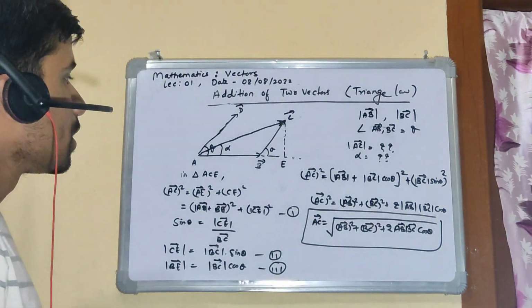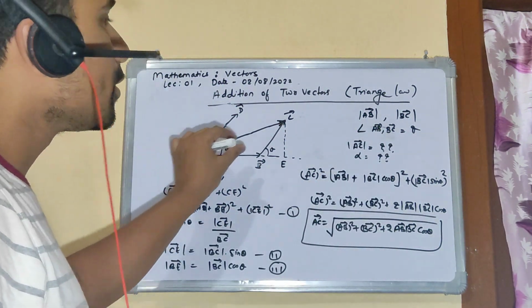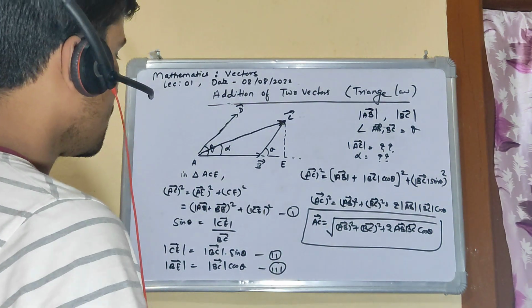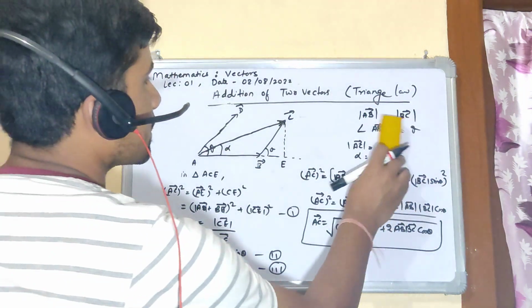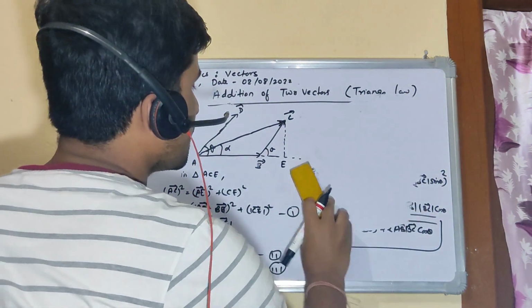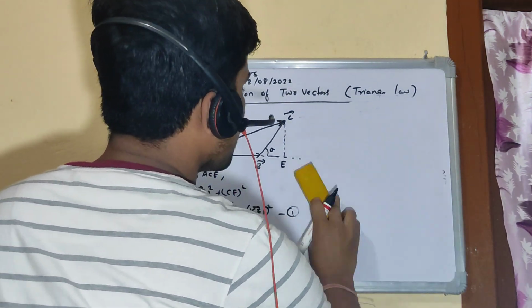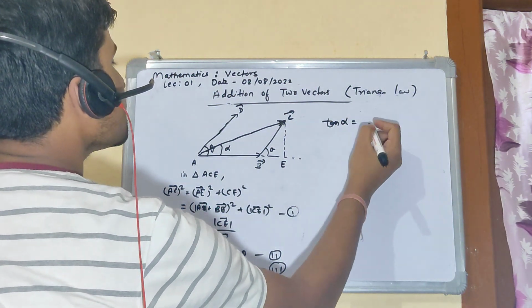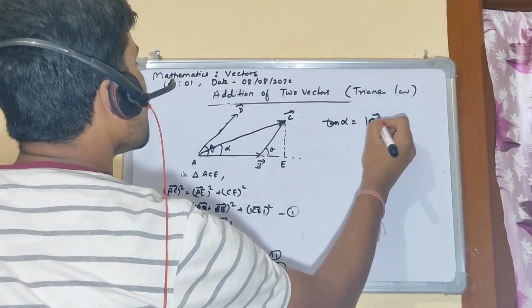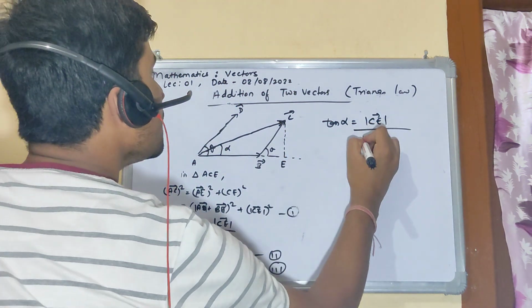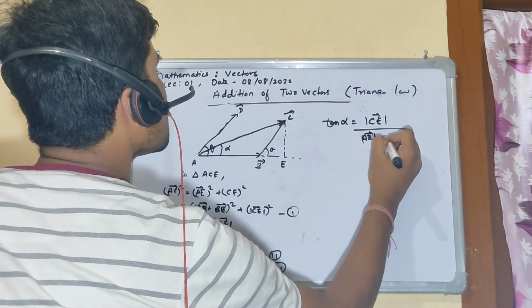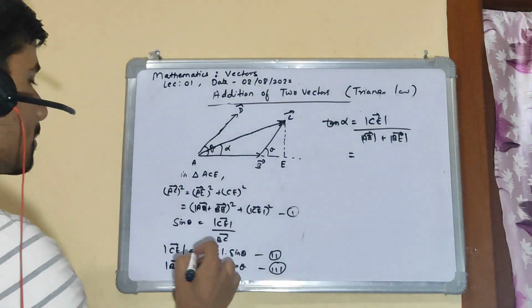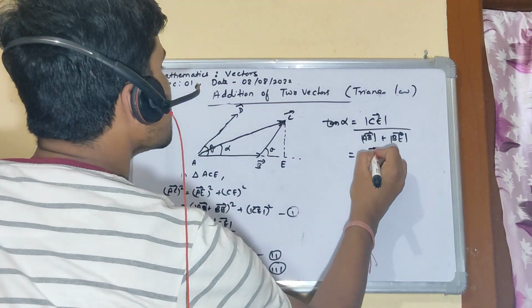Okay. And also we need to find alpha, right? So what is alpha? Let me find it out. So tan alpha is nothing but CE vector mod by AB vector mod plus BE vector magnitude, right? CE vector is nothing but BC mod sine theta.